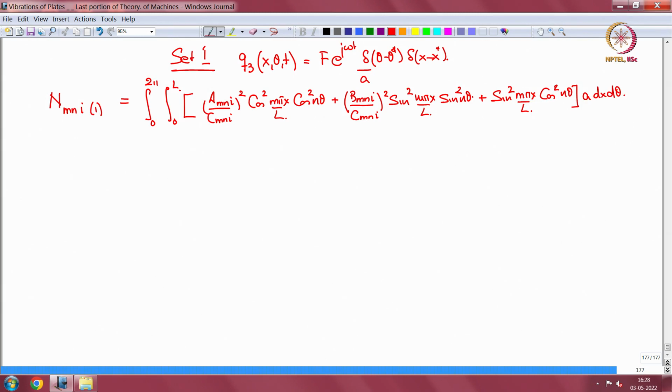If you now carry this out, when n is not equal to 0, N m n I 1 will turn out to be a m n I by c m n I whole squared plus b m n I by c m n I whole squared plus 1 into L a pi by 2.